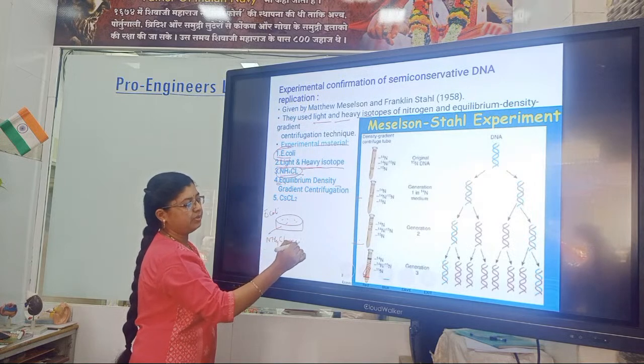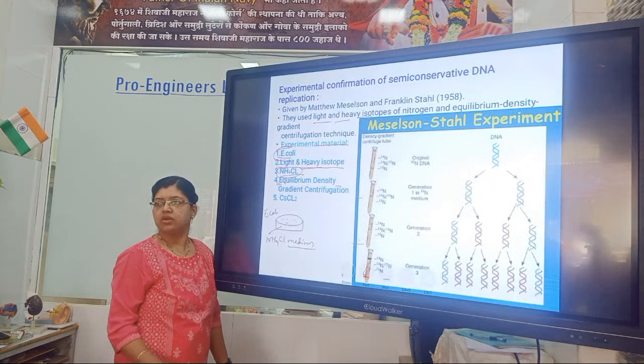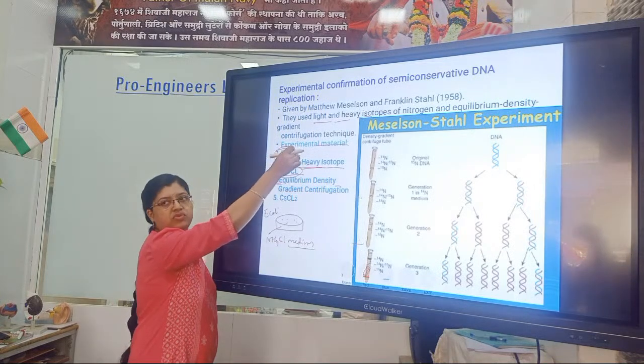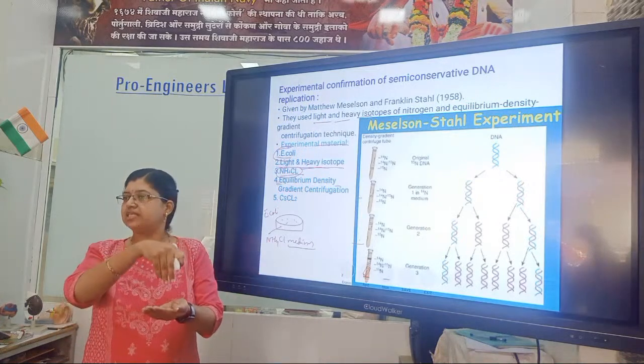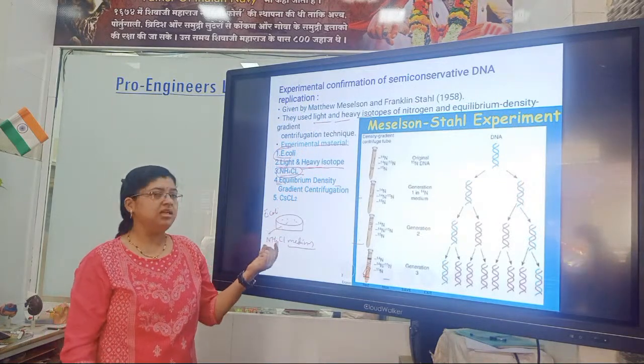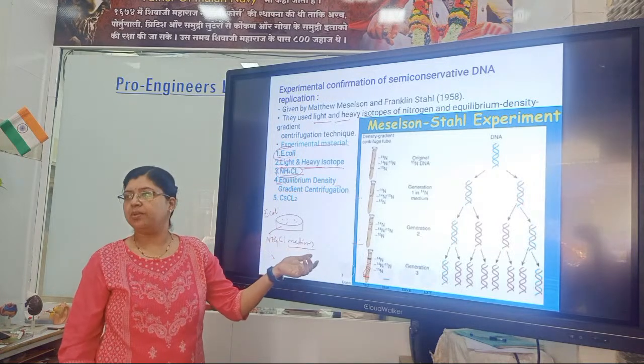NH4Cl medium for their nutrition. They first take E. coli on the petri dish, and inside the petri dish there is an NH4Cl medium, that is ammonium chloride medium.